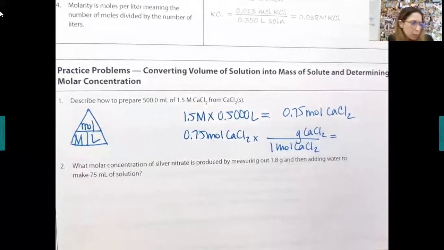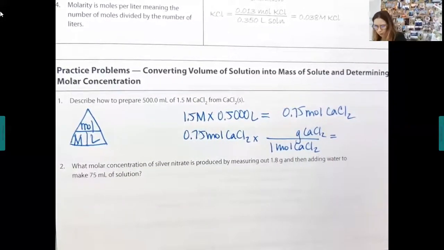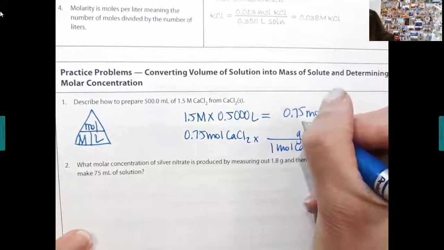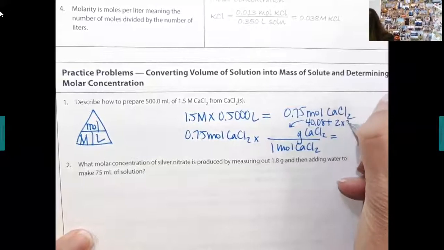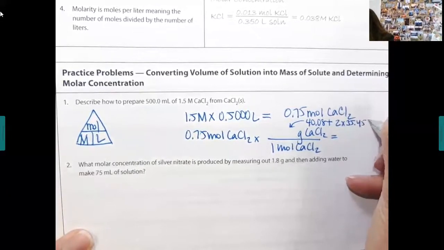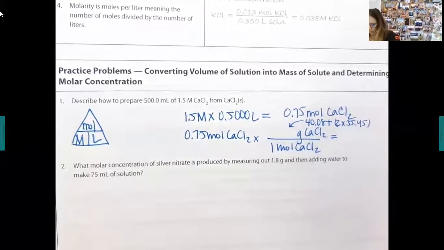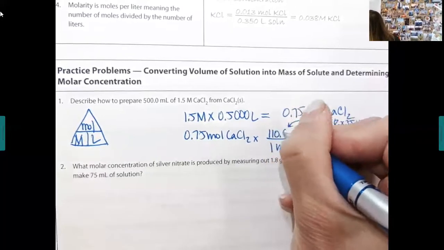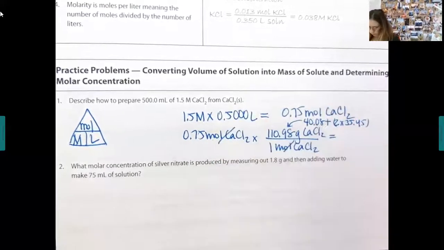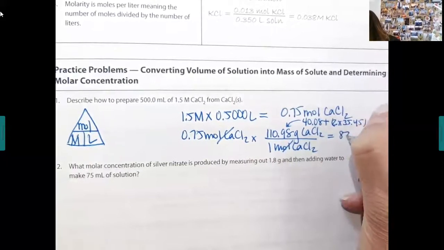I need the periodic table for that. So calcium is 40.08. Chlorine is 35.45. You're going to get 83 grams.